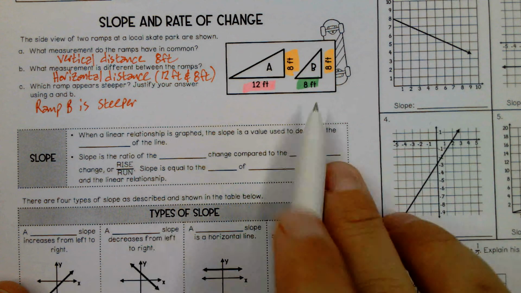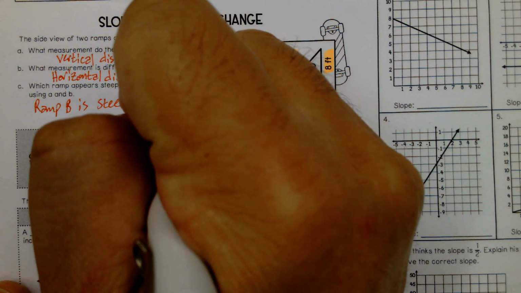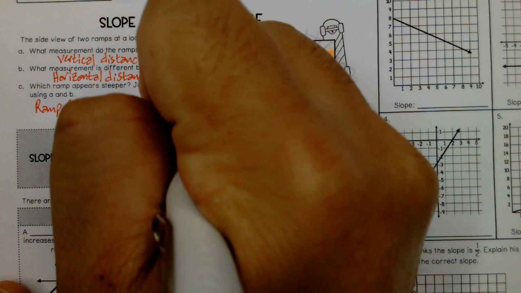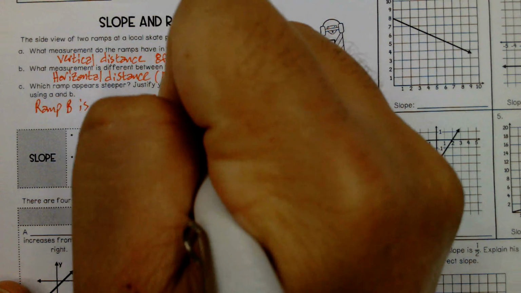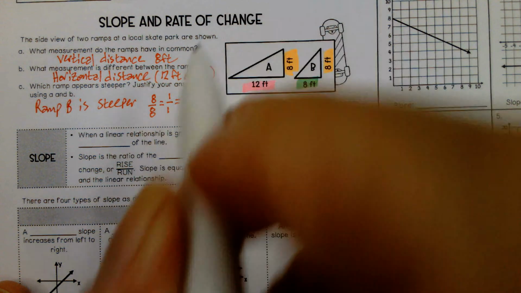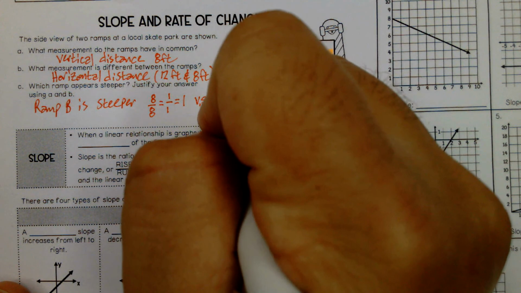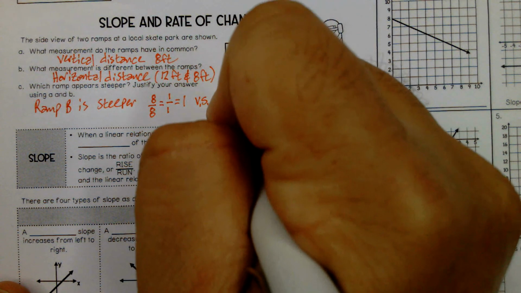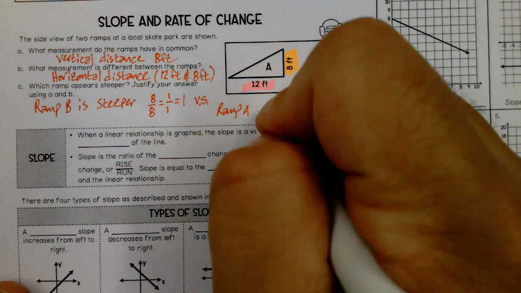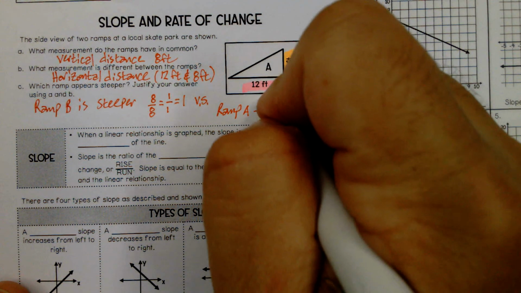And if we look at the ratio, like you said, of vertical distance to horizontal distance, it's 8 to 8, which turns out to be 1-to-1, or just 1, versus, let's figure out the vertical distance to the horizontal distance for ramp A. What's the ratio of the height to the horizontal distance? 8 to 12.